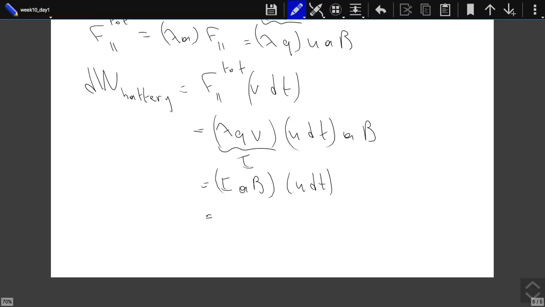Well, I times A times B is nothing but the vertical force, and U times dt is nothing but the vertical displacement of my wire. So the work done by my battery is exactly equal to the work done by this force in the vertical direction as the wire moves vertically upward.